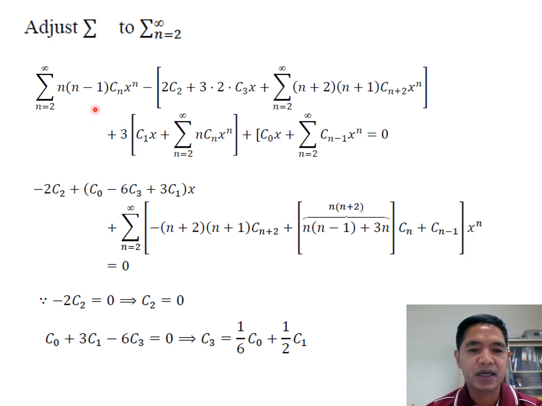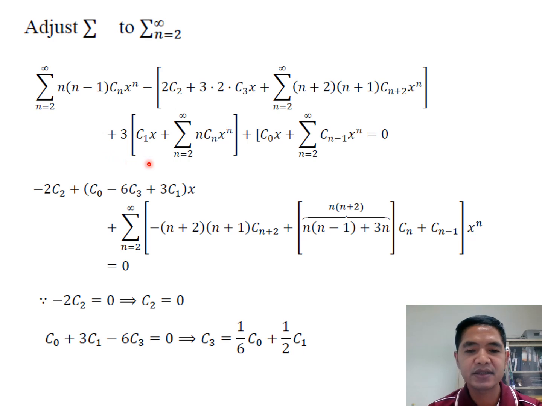Okay, in the first term it's the same because n equal to 2 already, just take it down here. In the second term, n starts from 0, so in the first step you substitute n equal to 0 here, right? Go back to the previous slide, and then you get 2 times c2, and also substitute with n equal to 1. You get 3 times 2 times c3 times x. Okay, and then when n equal to 2, you just write down here.